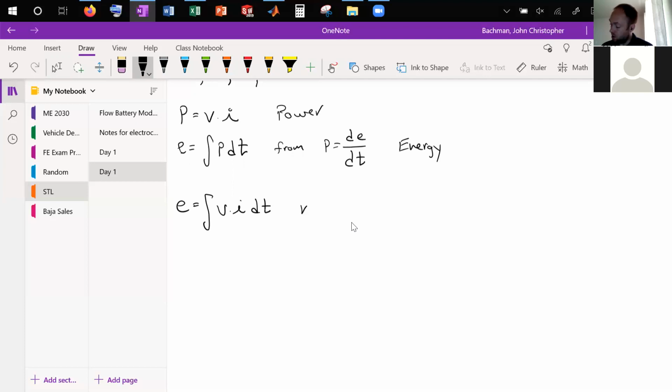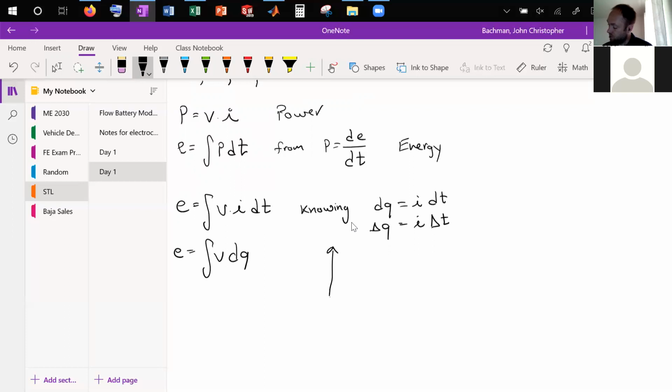But knowing that the amount of charge that you get out, and we'll just say it's a differential, but you could just as easily say delta Q in this case is equal to I dt or delta t, right? So it doesn't matter how small of a charge or how small of a time. So we know that the energy now is equal to the integral of the voltage with the charge.